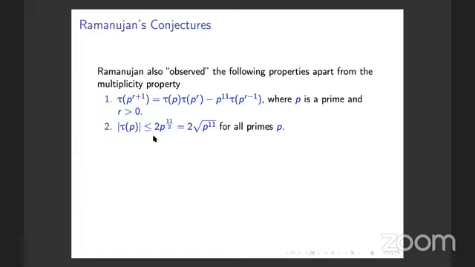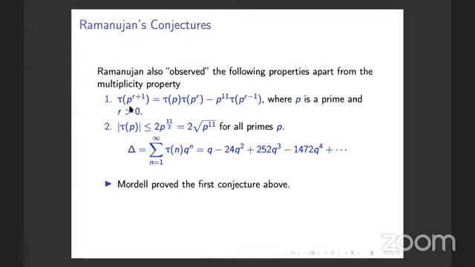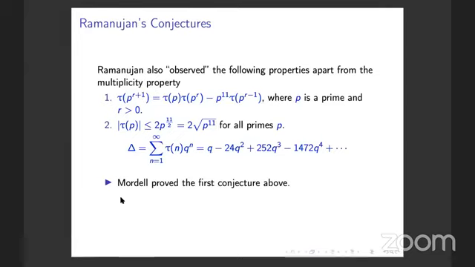And things related to the values of the tau function find applications constantly in very powerful theorems. As recently as 2010 or even later, there was a big theorem called the Sato-Tate conjecture, which was proved, which in turn used lots of properties of the tau function. And this first conjecture on the behavior of tau on powers of prime numbers was again proved by Mordell.